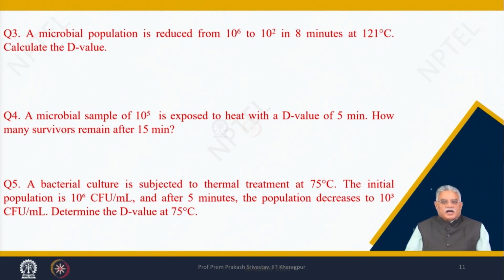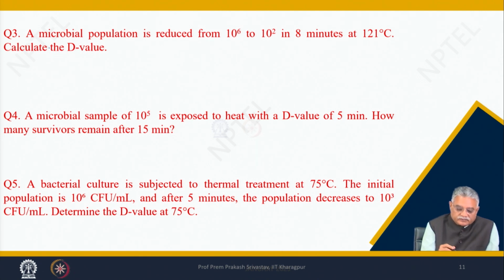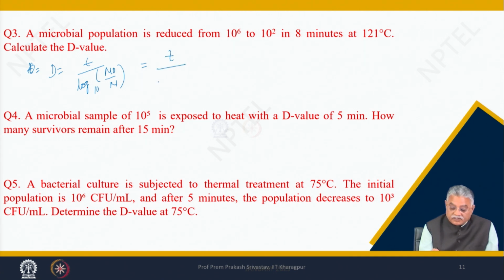Let us take an example: a microbial population is reduced from 10 to the power 6 to 10 to the power 2 in 8 minutes at 121 degrees Celsius. Calculate the d value. As we know, D is equal to T divided by log base 10 n0 by n, that is T divided by log n0 minus log n, where T is 8 minutes.